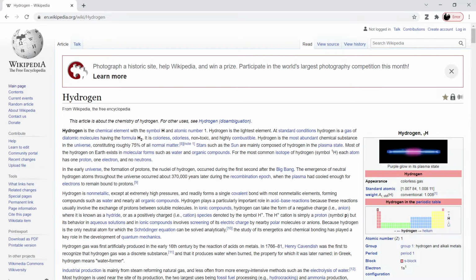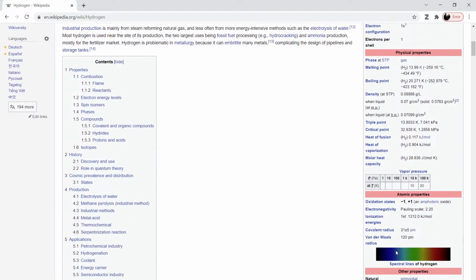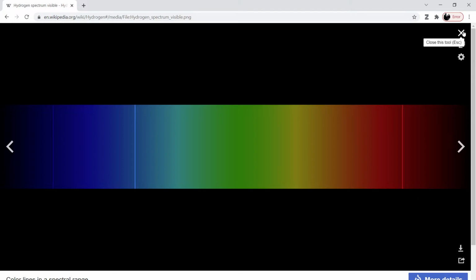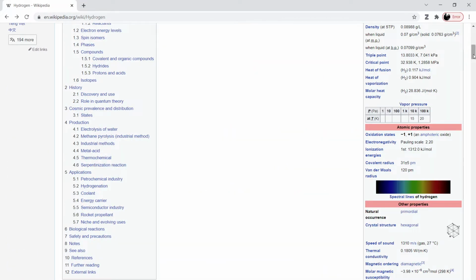So hydrogen. What we're going to look at is this little bit here. If you see, there are a few of these lines that are very distinct, right? We have this dark blue one, this light blue one, this red one. These are specific to hydrogen. And we'll see a couple more.